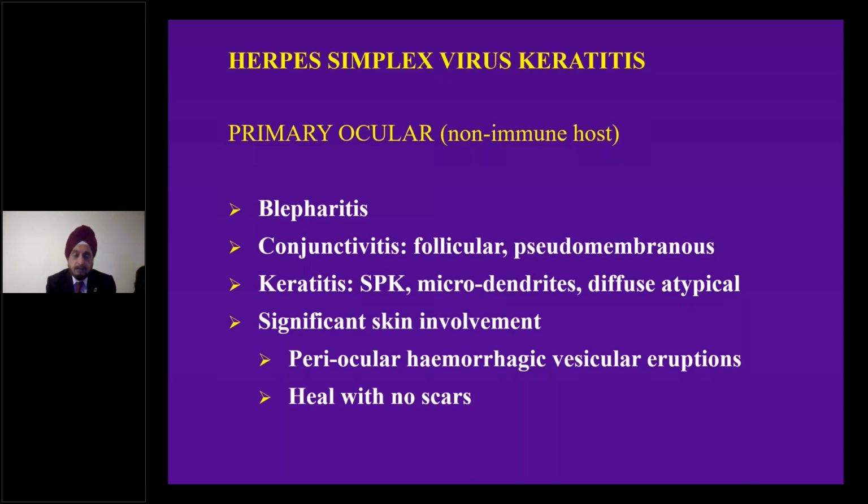You can get a very diffuse epitheliopathy sometimes, which is atypical in the presentation of herpes simplex disease. You do get significant skin involvement in the form of vesicular and hemorrhagic eruptions around the eye, and these usually heal with no scars, unlike, let me see, with smallpox. You used to get a lot of scars, but these don't.